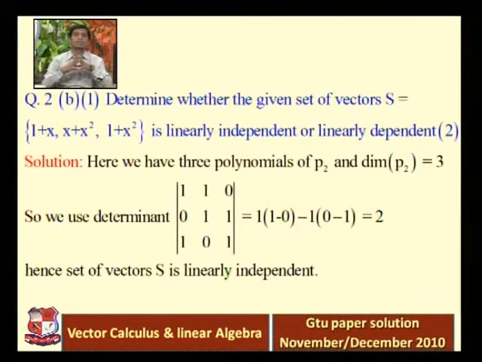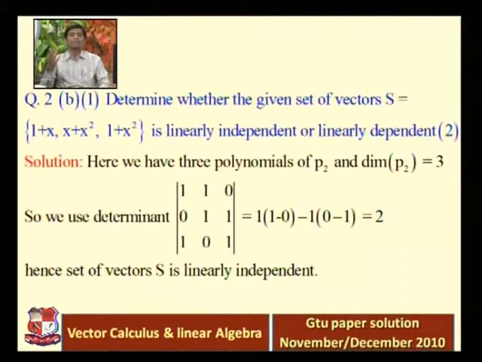What I am saying is that if the dimension of V is equal to n, and if our set S has n plus 1 vectors of V, then you can directly say that S is linearly dependent, because you have more vectors than the dimension.